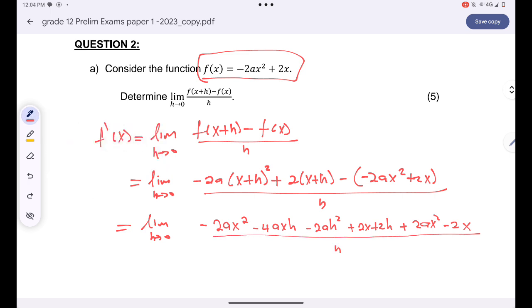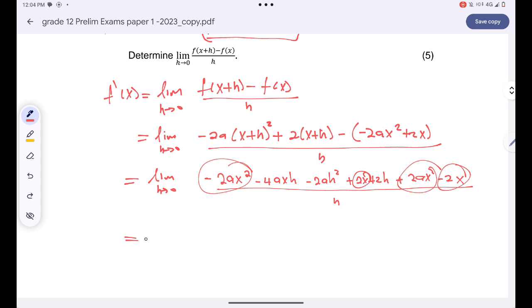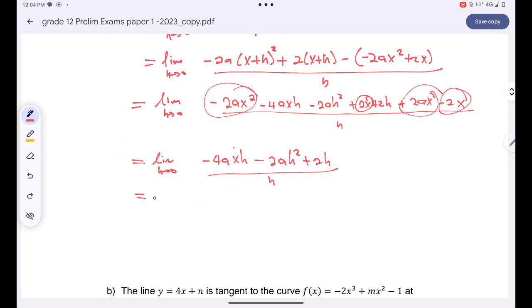Then these two will subtract one another, and these will also subtract one another, and I'll be left with the limit as h approaches 0 of negative 4ax times h minus 2ah squared plus 2h all over h.